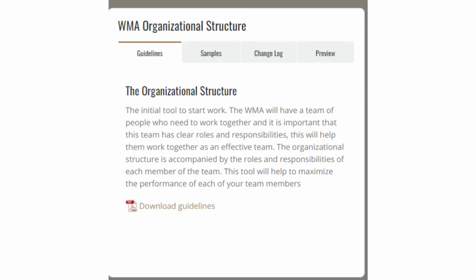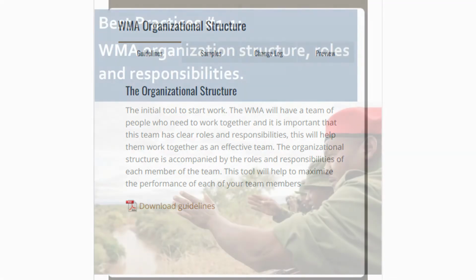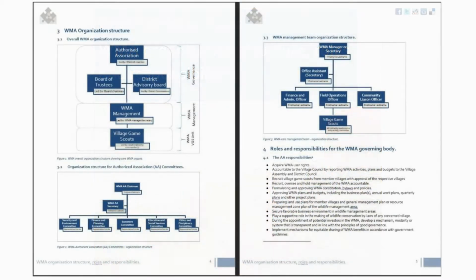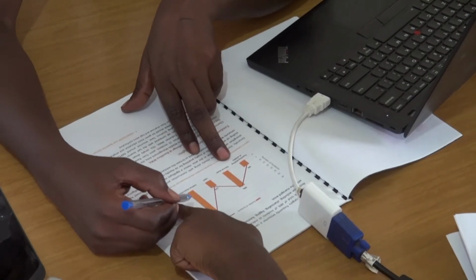The WMA organization structure is part of HoneyGuide's WMA management toolkit, a collection of essential management systems and tools that help to deliver the WMA to a level that is considered professional. They are tools that almost any organization or business should be using.